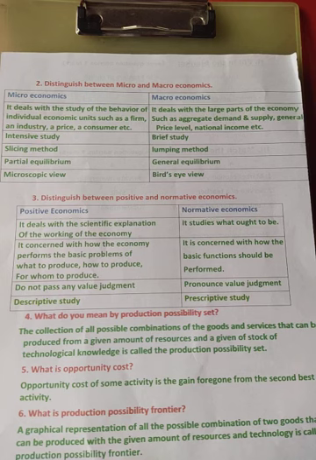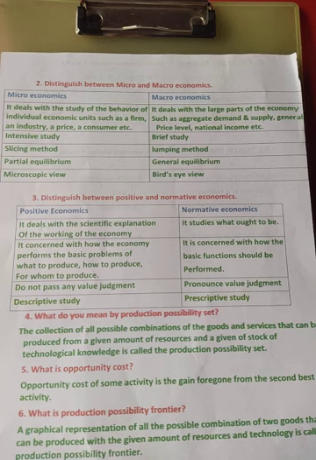Third question, distinguish between positive and normative economics. The first is positive economics, the second is normative economics. Positive economics deals with the scientific explanation of the working of the economy.